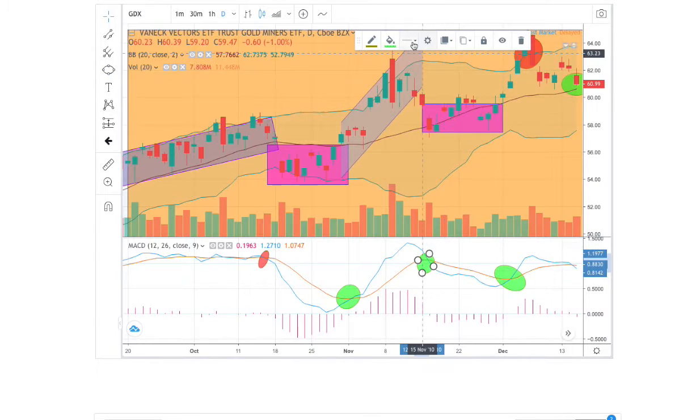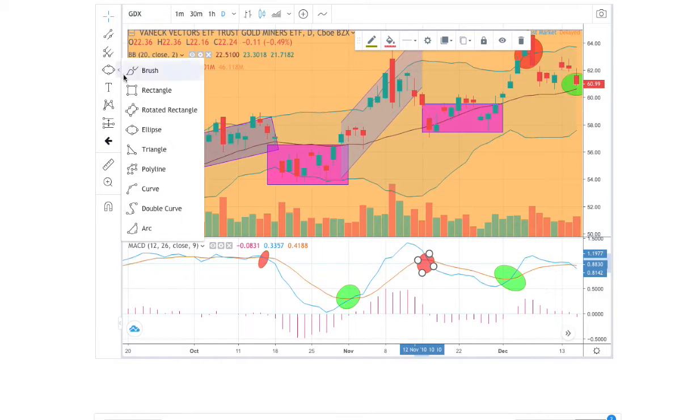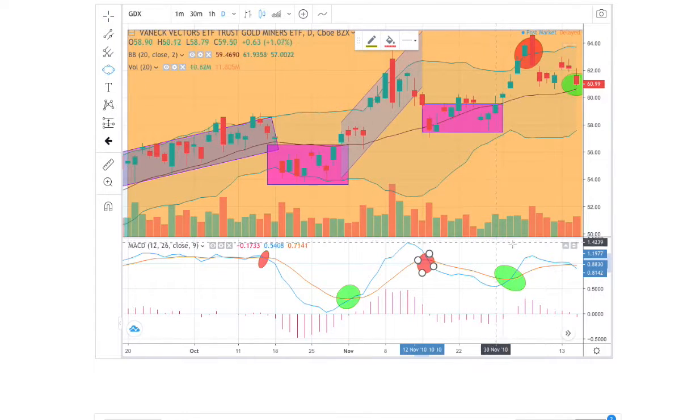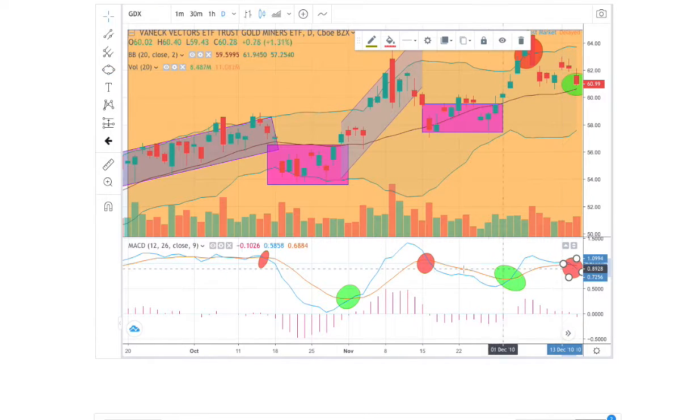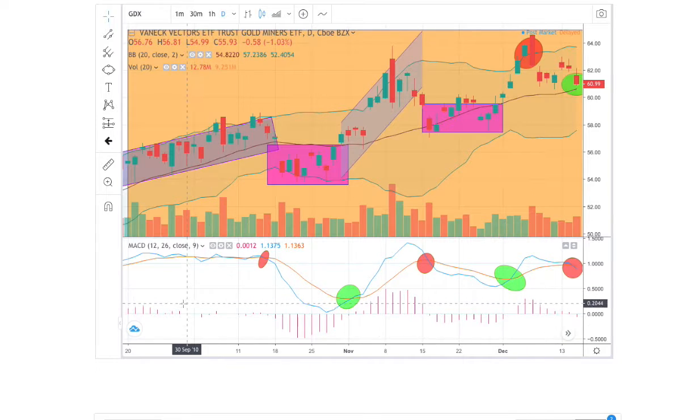You see similarities, the trends are identical. So you have reason to believe that the outcome should be somewhat identical. So we have 3 divergences, 2 convergences, and a positive MACD.